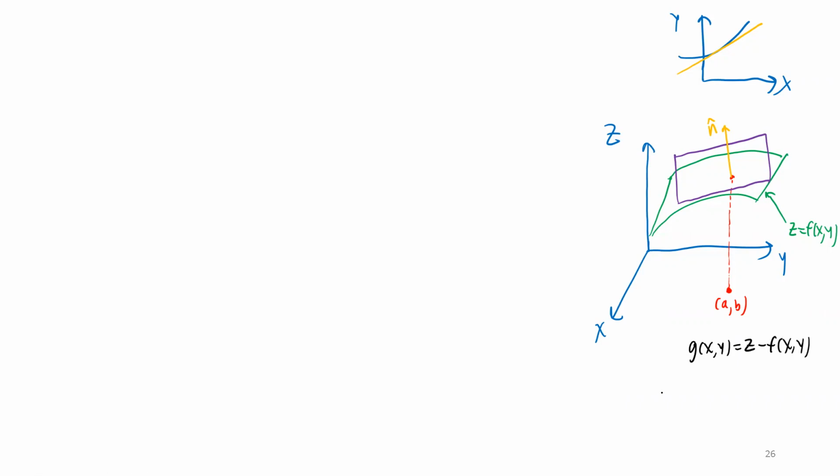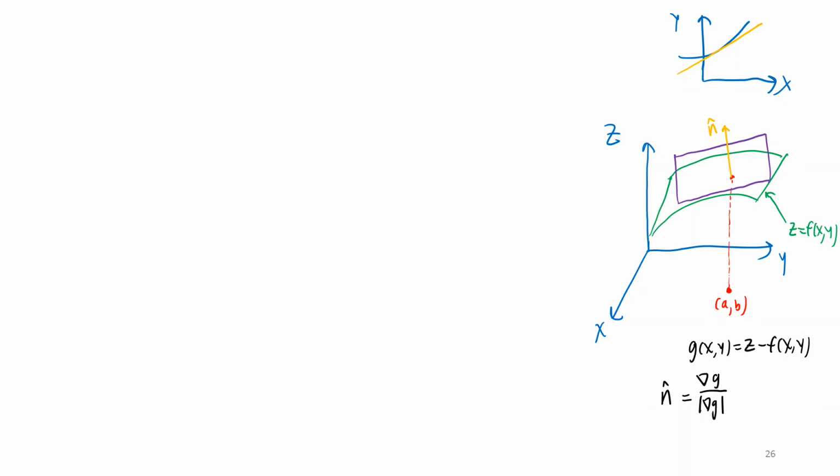Then the normal vector is given by the gradient of g divided by the magnitude of the gradient of g. You might worry whether the normal vector is pointing up or downward. There are two choices, but here you actually don't need to worry about that.